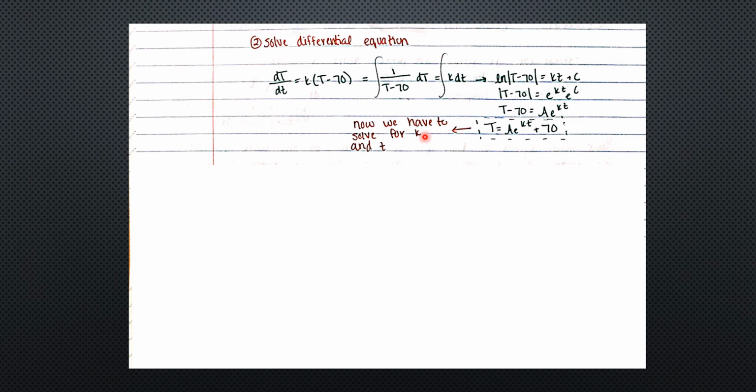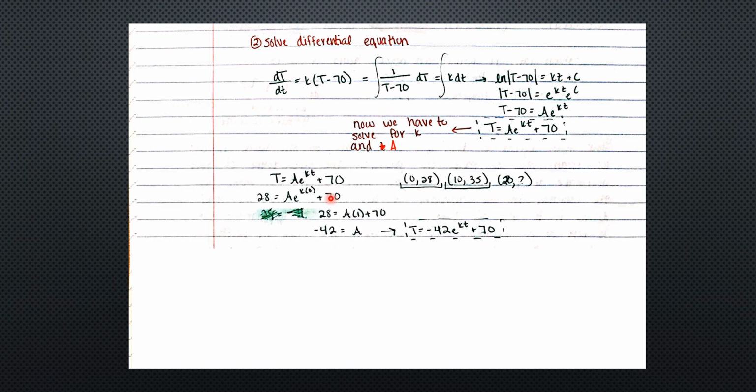And now we have to solve for our k value and our A value. Let me fix that. Ignore that t. We need to find A. So when we do this, we need to have our points.